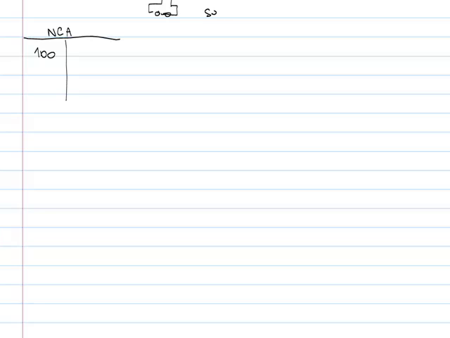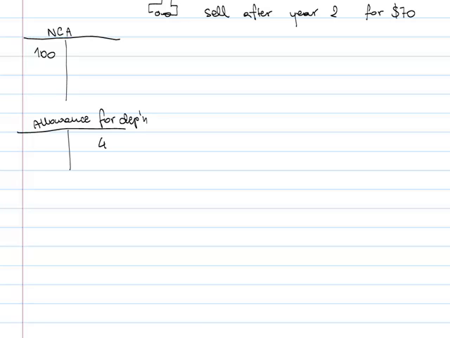And let's say we sell after year 2 for $70. So after year 2 we have allowance for depreciation of 40. And now we sell it for 70.